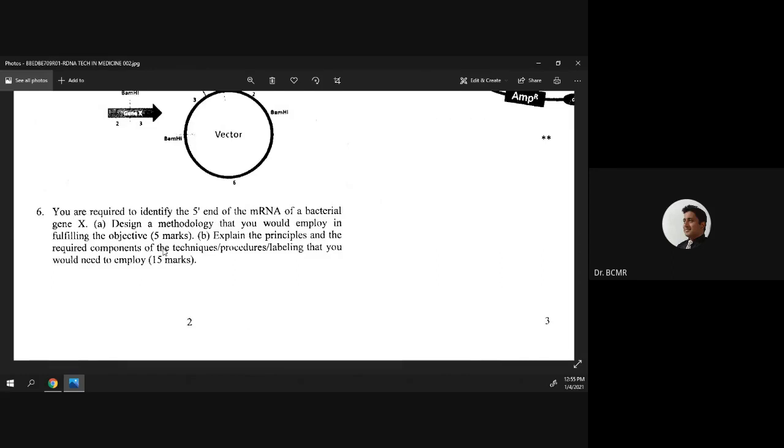Primer extension along with a sequencing reaction, you can figure out the transcriptional start site of the mRNA. We have discussed this in one of the lectures. Here the question is not telling you the technique name. We are telling you the need, and you are supposed to figure out the technique.